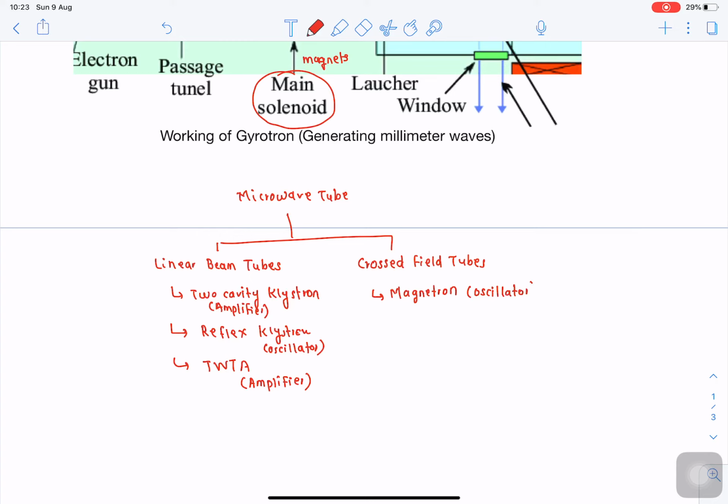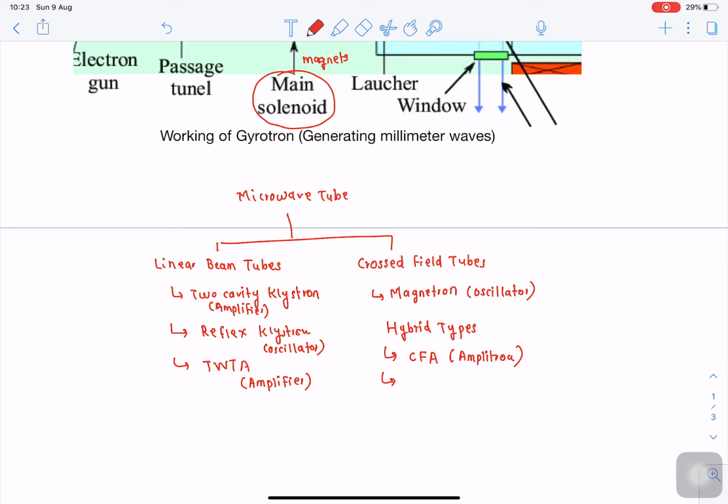Then after the magnetron, we started studying the hybrid types of tubes. The first hybrid type we saw was the crossed field amplifier, also known as the amplitron.